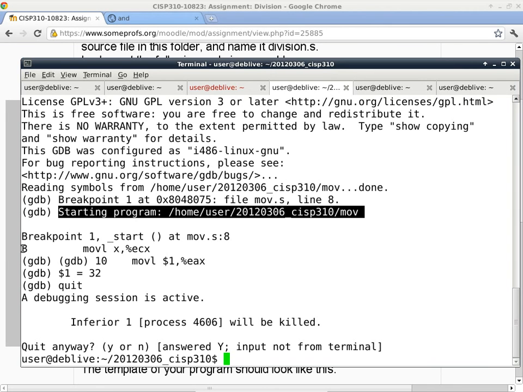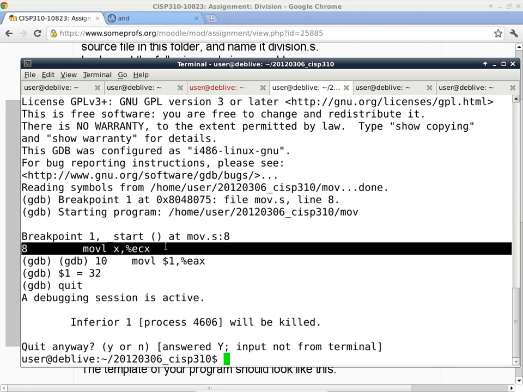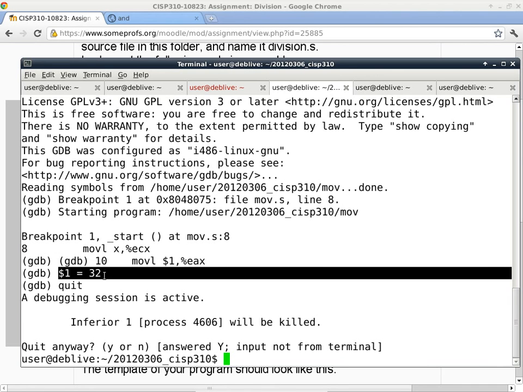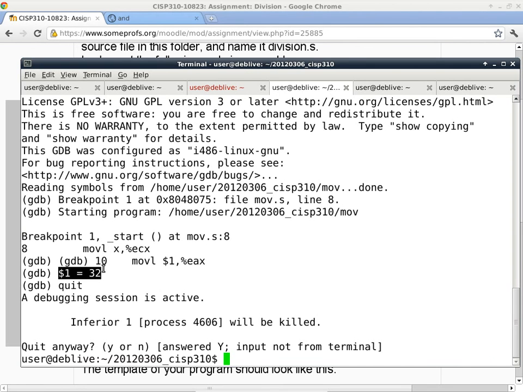We hit the breakpoint on line 8, which is as expected, and then we set x to be 32. No, that one has no feedback, because when you set the value of a variable, it doesn't give you any feedback. And then we single step, we stop on line 10, we printed $ECX, and that's the result of ECX.